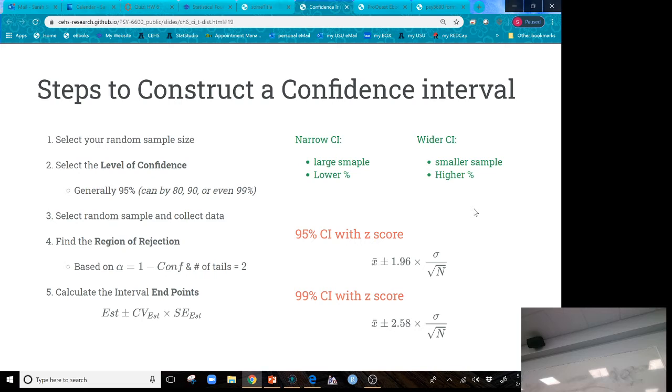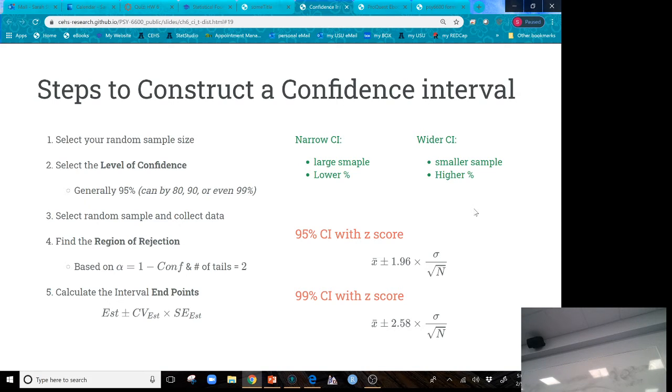We want to be 95% sure we have the truth in our confidence interval. Sometimes we'll do a 90% confidence interval, sometimes 99%, sometimes 80%. You could do a 37.5% confidence interval. I don't know why, but you could choose any number there. Most of the time we do a 95% confidence interval.